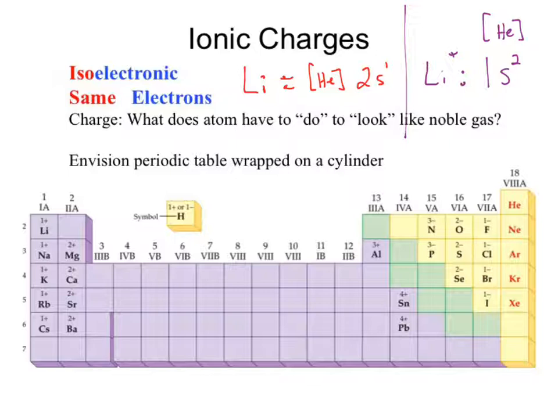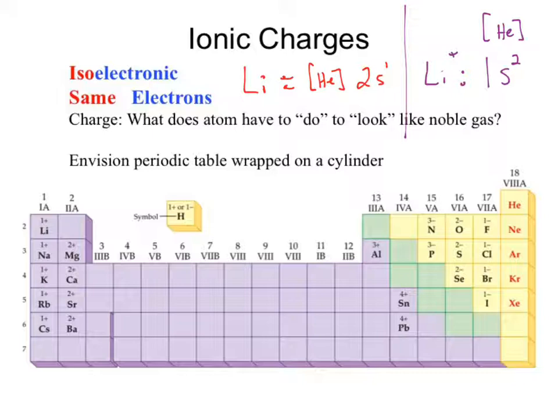Okay? Why might lithium lose just 1 electron? Why might its charge always be +1? What happens to its electron configuration if it loses an electron? Looks like helium. What did we say was special about our noble gases? Why were they stable?